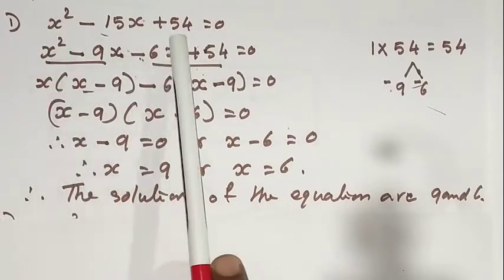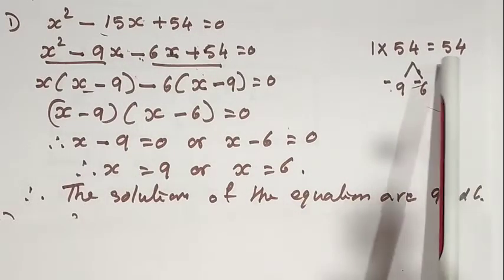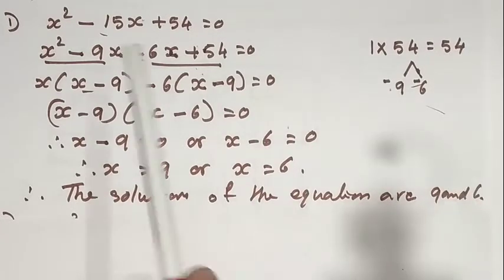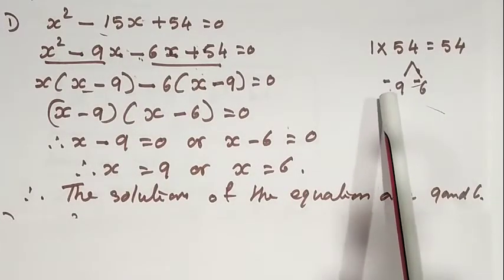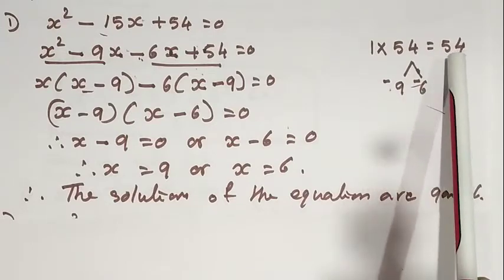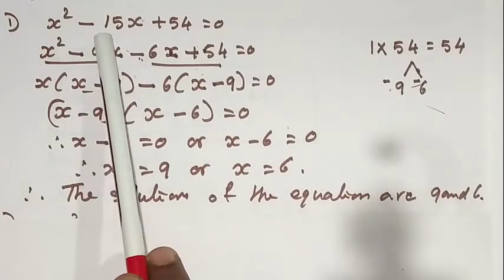So, multiplying 1 by the constant term, 1 into 54 is 54. Now finding the factors of this product such that we get the middle term as negative 15 and the product as 54. We know that minus 9 and minus 6, the product of negative 9 into negative 6 is equal to 54. And when we add these two, we get negative 15.